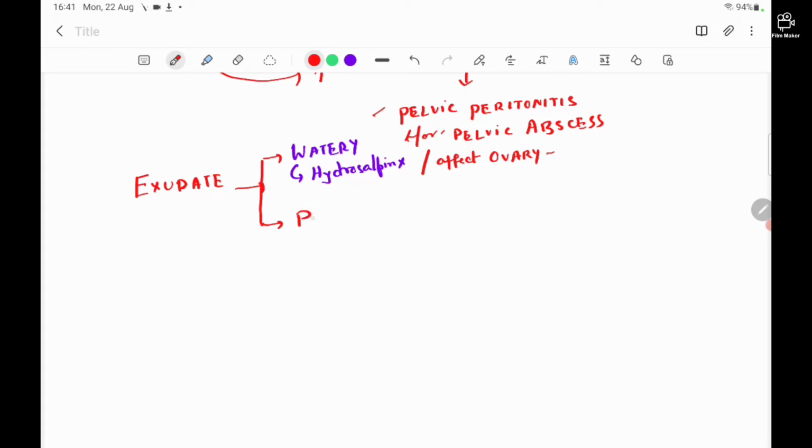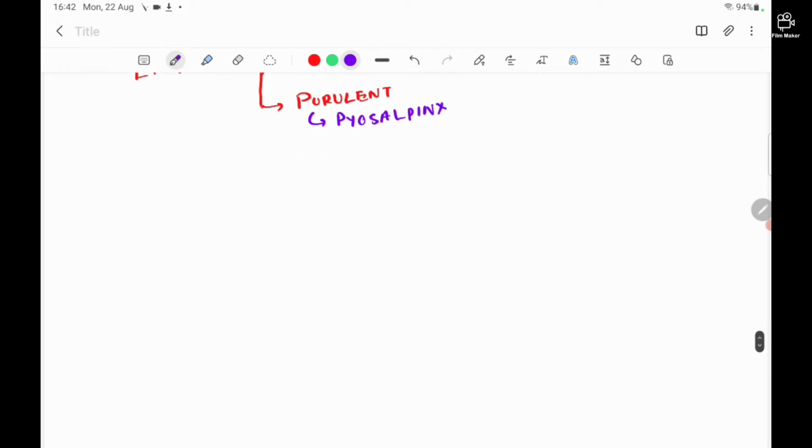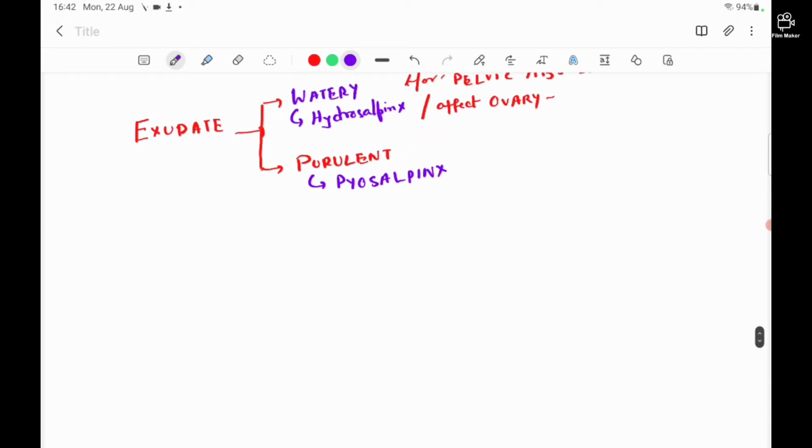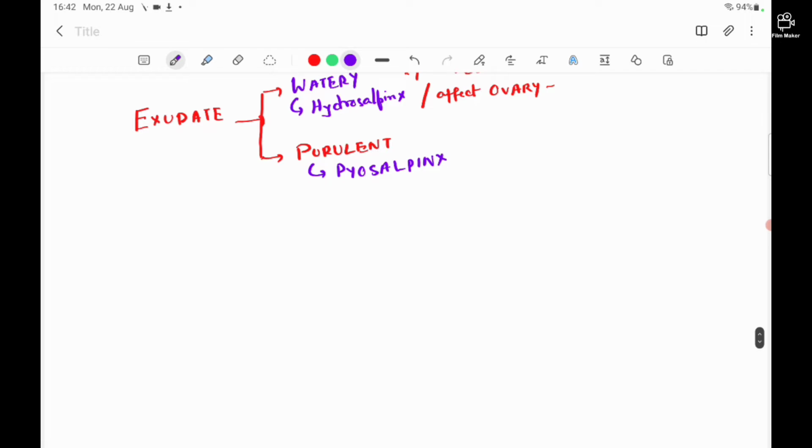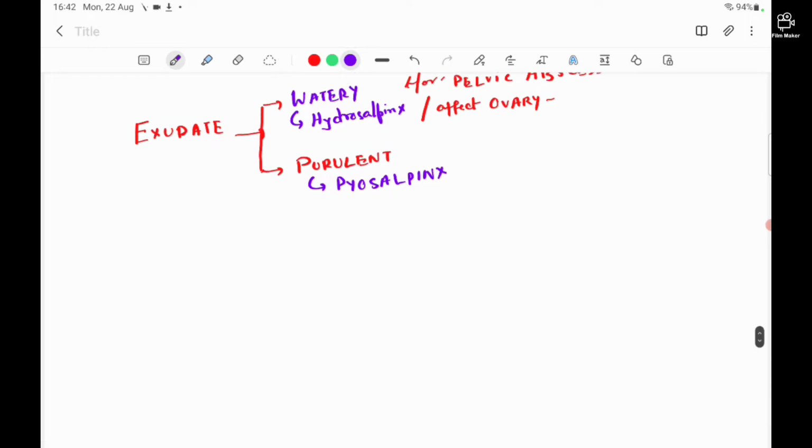And there might be purulent exudate, and this causes pyosalpinx. If you have been into any OT, you have seen any laparoscopic resection of the tubes, tubectomy and oophorectomy, I think you have seen already all these cases.